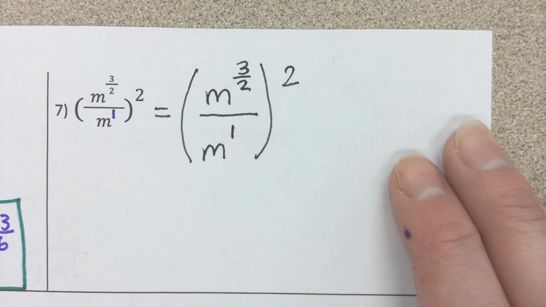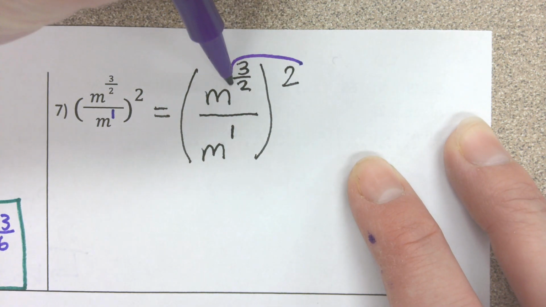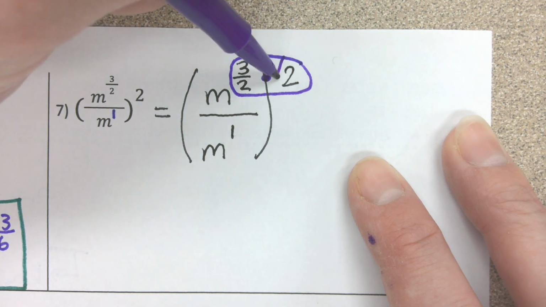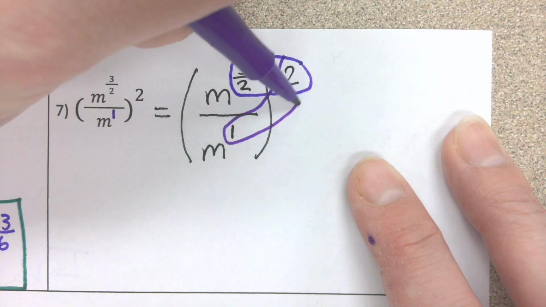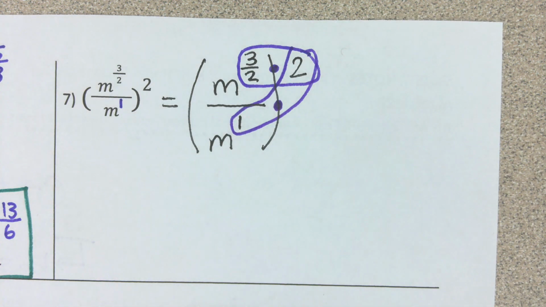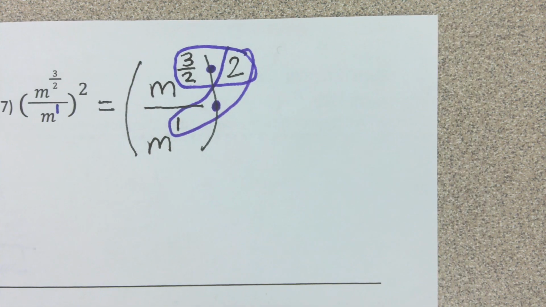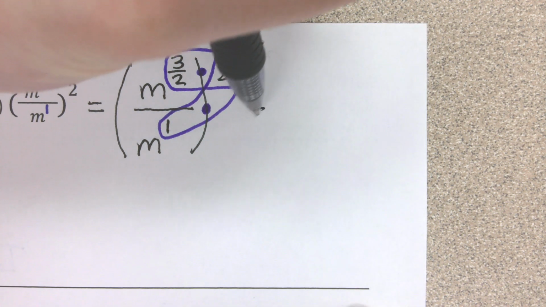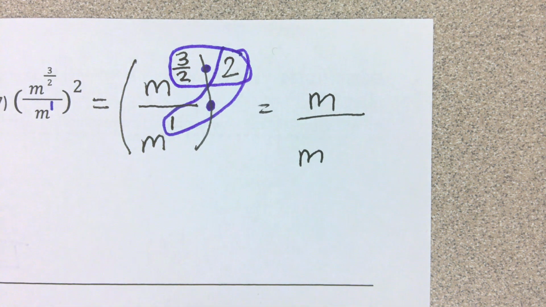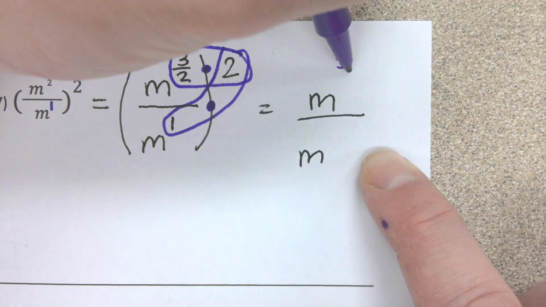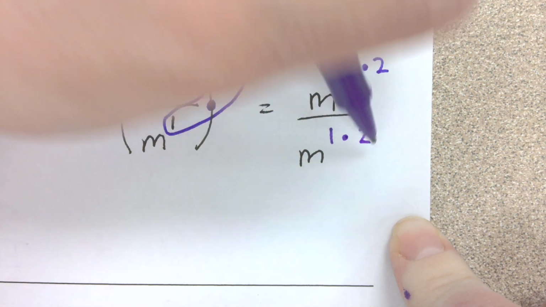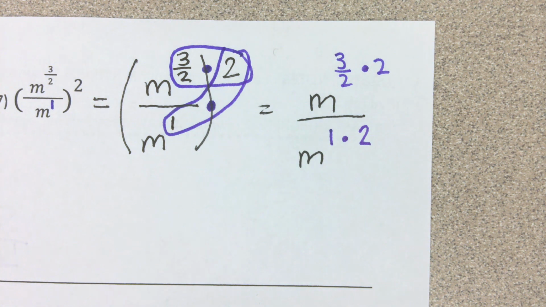This is going to look a little wonky, but we multiply there, and we multiply here, so we're multiplying twice. Both of those get multiplied by 2. I'll write that out so it's a bit more clear. So it's m to the 3/2 times 2 and m to the 1 times 2.